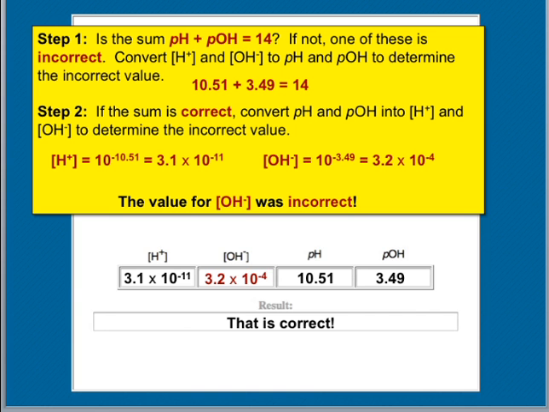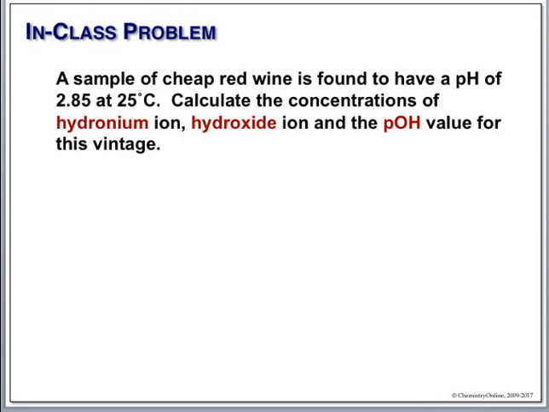All right, here's another question that I always put on a final exam. Always. Maybe I'll change the number just a little bit, but it's always the same question. We have cheap red wine. Okay, I'm familiar with that. And it has a pH of 2.85.